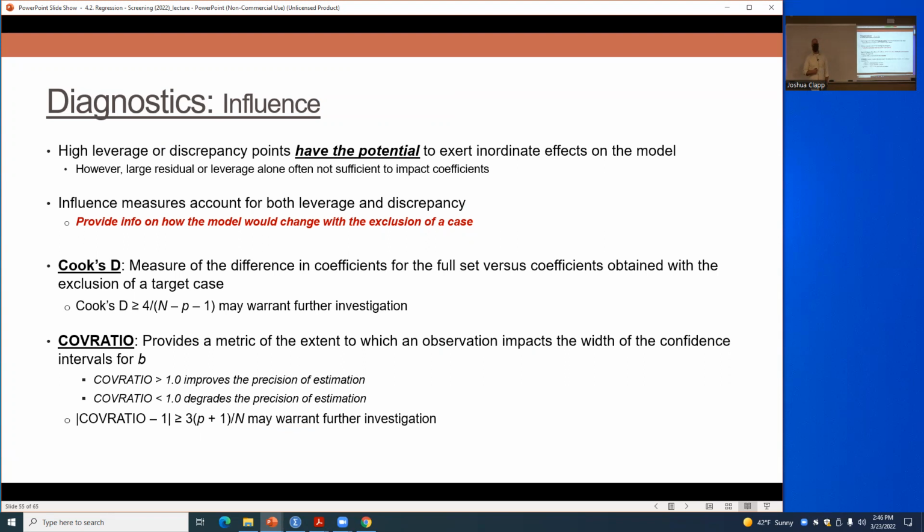Remember, if I'm just looking at this set of cases in Y and X, I've got maybe a line that looks something like this.